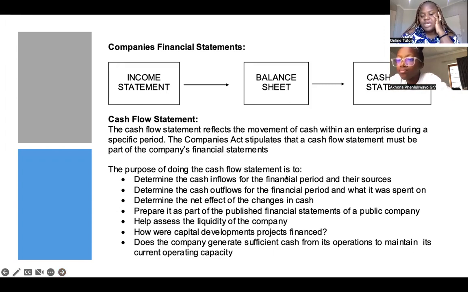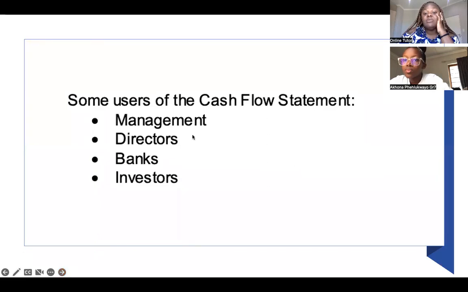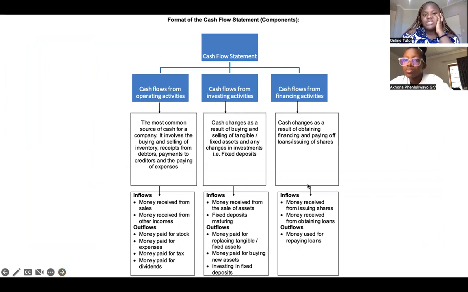So the purpose of doing the cash flow statements, you can just read some of those purposes, and then who the users of financial statements are. Then a summary of the three main components, which are operating, investing and financing activities, and what falls under each.